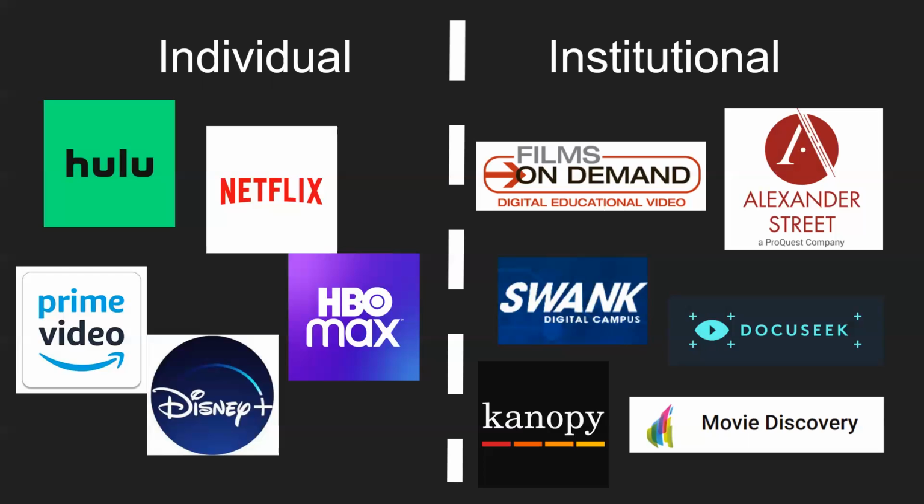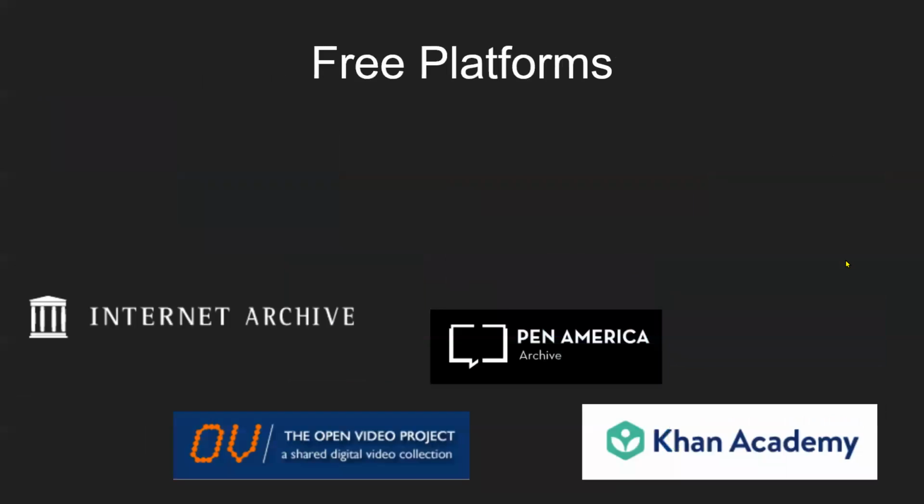So if it's a film or TV show that says a Hulu original or a Netflix exclusive, oftentimes those are things that the library is not able to purchase. It's not everything on these platforms, so it's always a good idea to check and make sure if we can get it, but just keep in mind that not everything on these platforms are available for institutions to purchase.